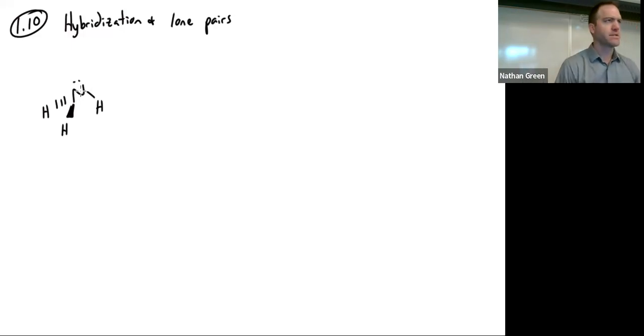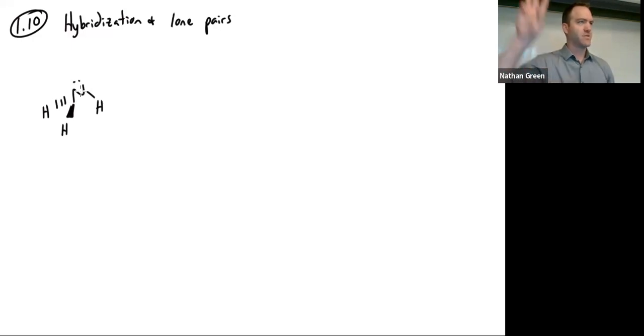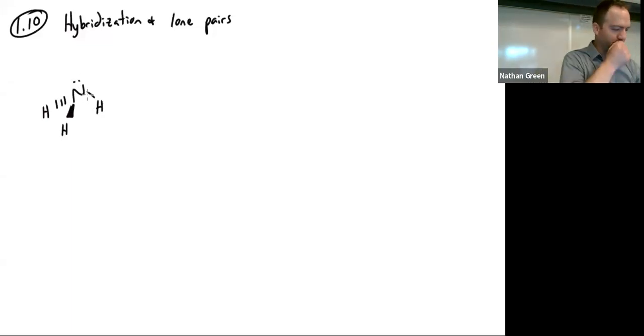How many electron domains does ammonia have? Who thinks 3? Who thinks 4? Who's not going to vote, no matter how much I put pressure on you to do so? A couple of you. It has 4. Nitrogen has a bond here, here, and here. And then that lone pair also counts. There are 4 electron domains. That nitrogen is sp3 hybridized.